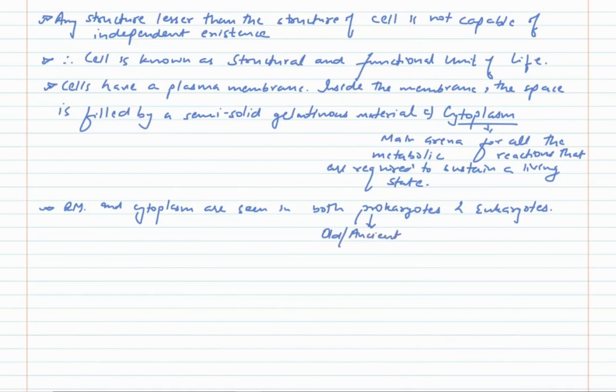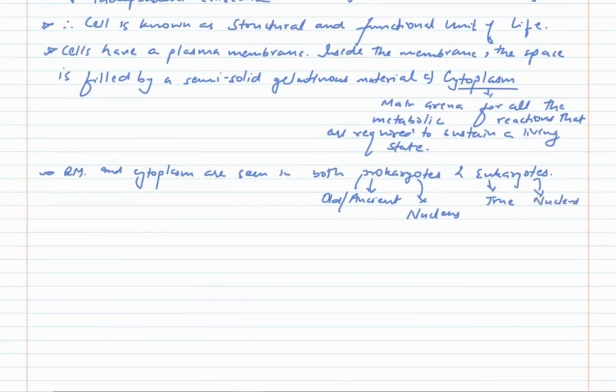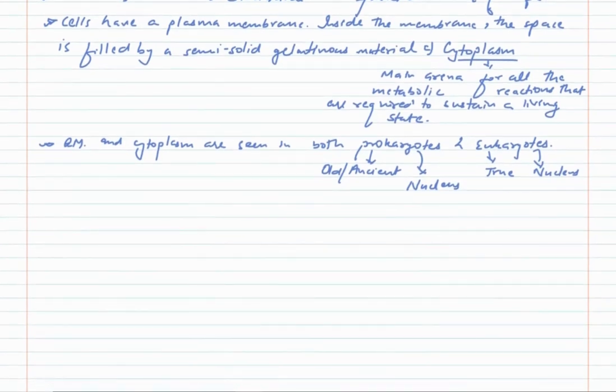The word karyo means nucleus. U means true, and again the word karyo means nucleus. So all those organisms which have a well-defined nucleus are termed as eukaryotes, and those that do not have a well-defined nucleus are termed as prokaryotes.